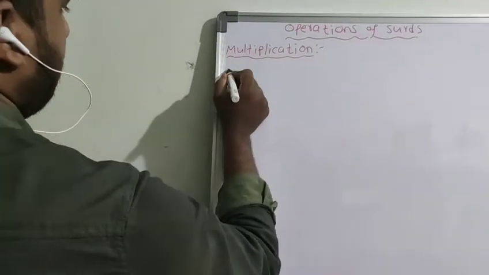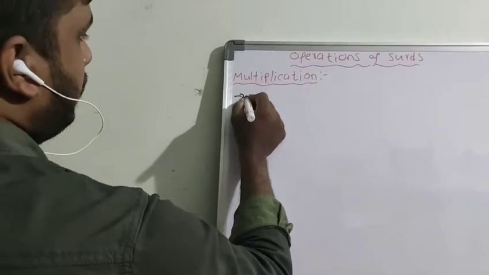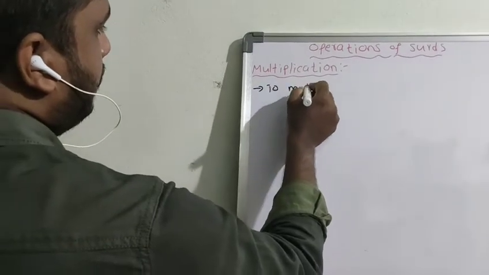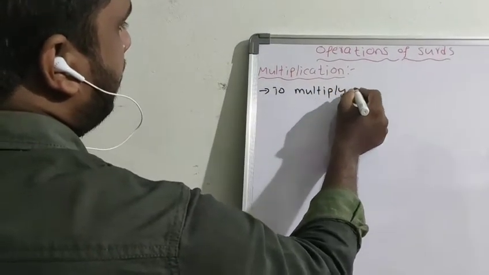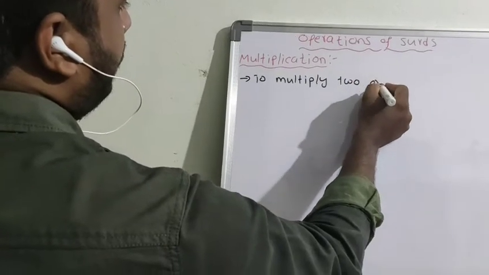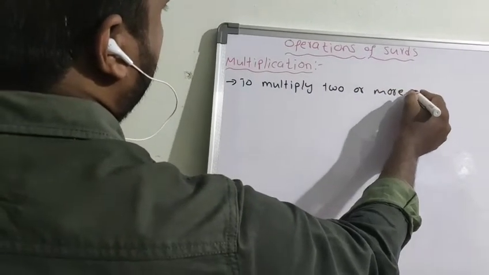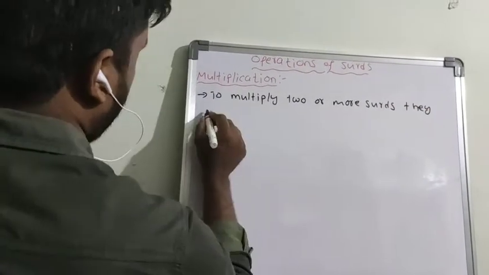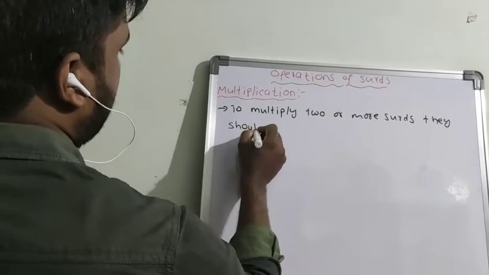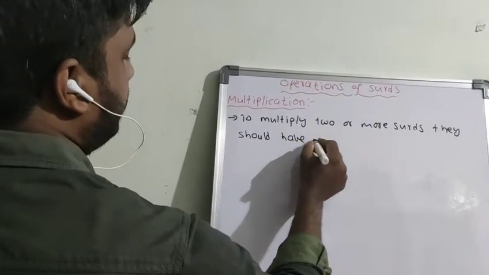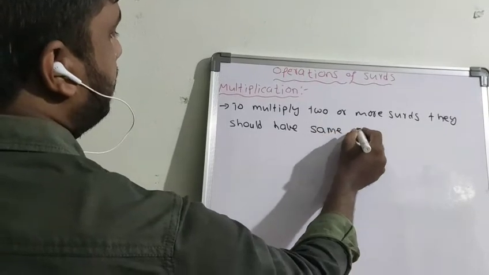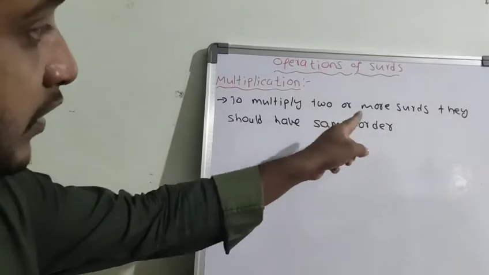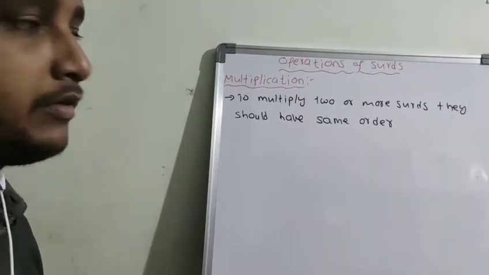The first condition is, to multiply two or more sets, they should have the same order.